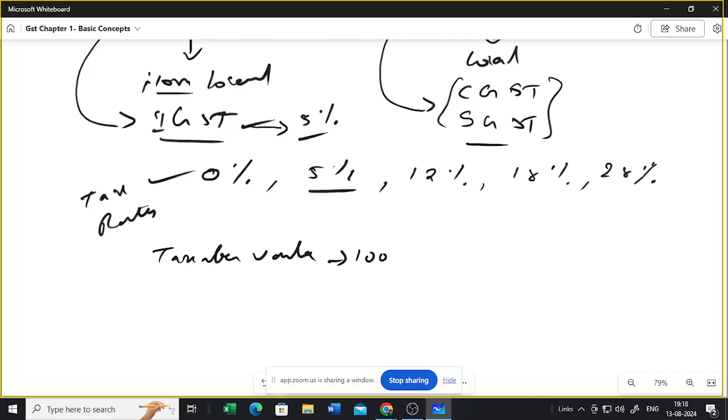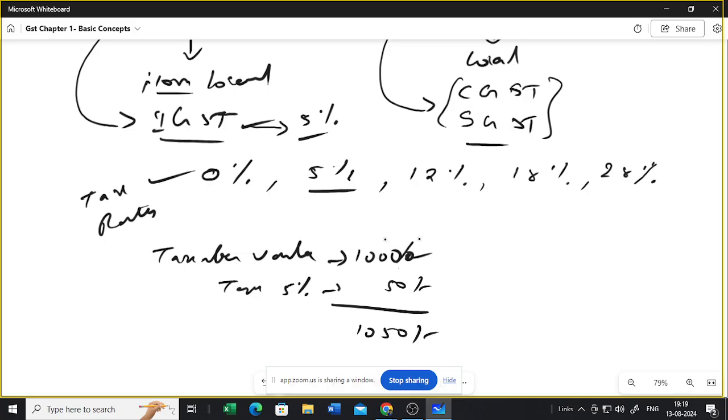Only for easy calculation, suppose the goods value is 1,000 rupees. How much tax at 5%? 50 rupees. So here you get 1,050.